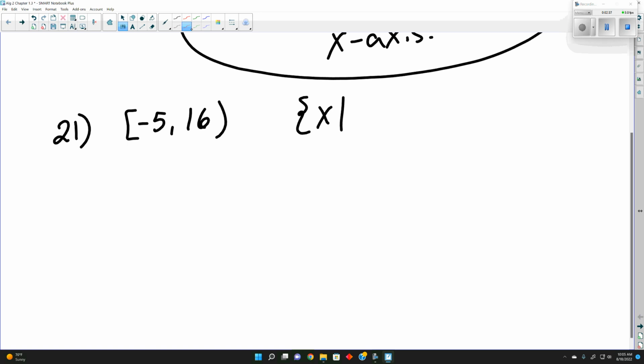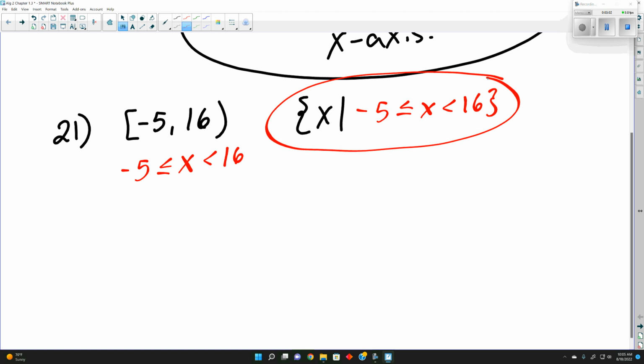So what it's telling us is that we have all the real numbers x from -5 to 16. So we have -5 is less than or equal to x is less than 16 would be the inequality. And that's all we have to put in here. And that there would be the answer.